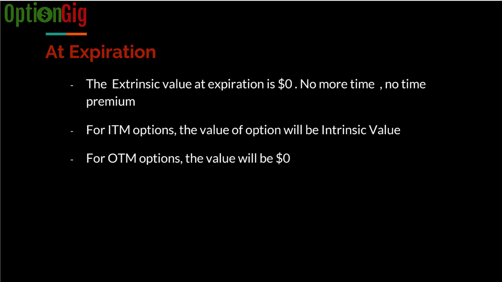So out of the money options will be worthless at expiration. That's the reason, because there is no more extrinsic value left in it. So at expiration, ITM options have only the intrinsic value, OTM options have 0 value, they become worthless.